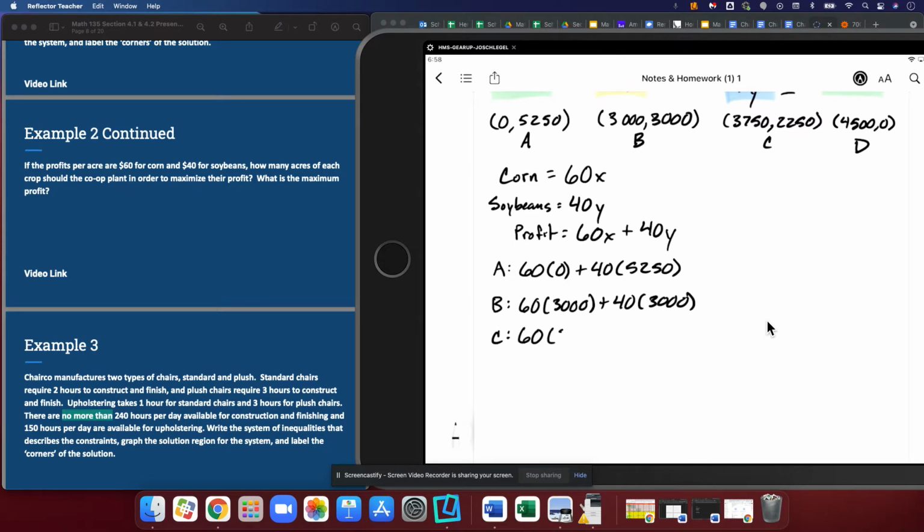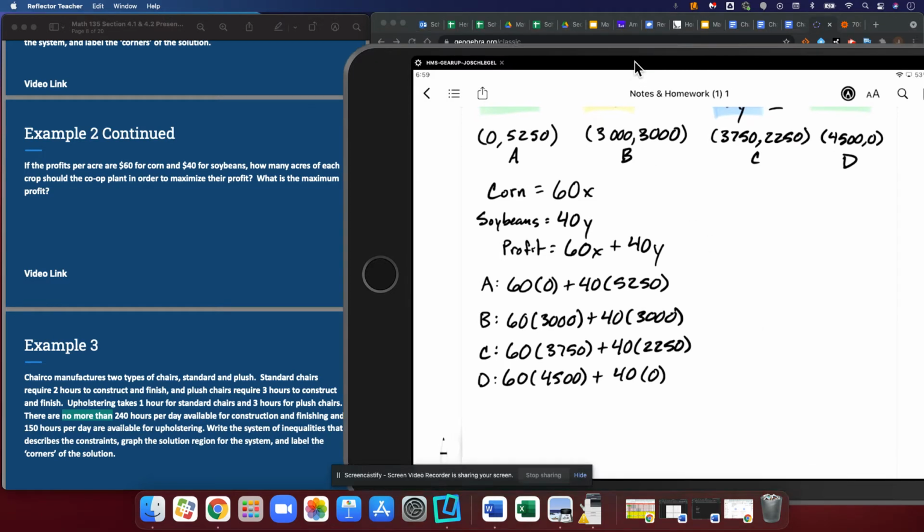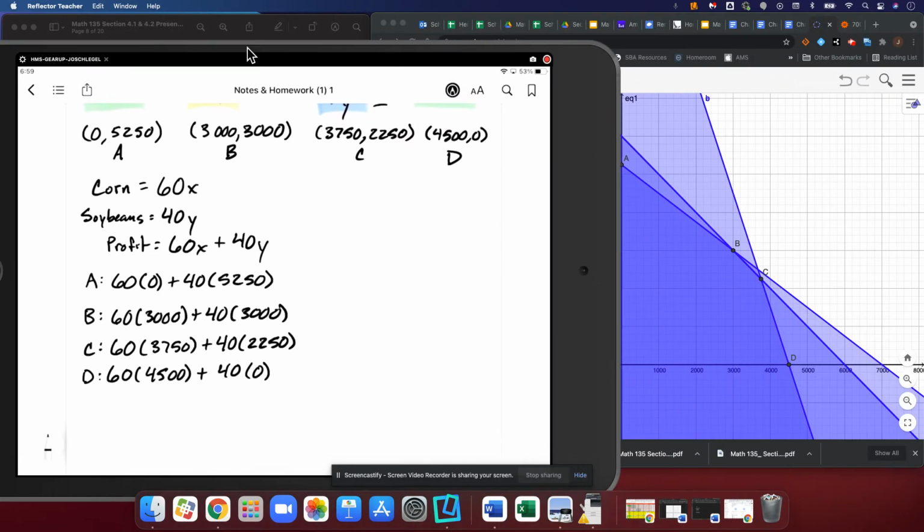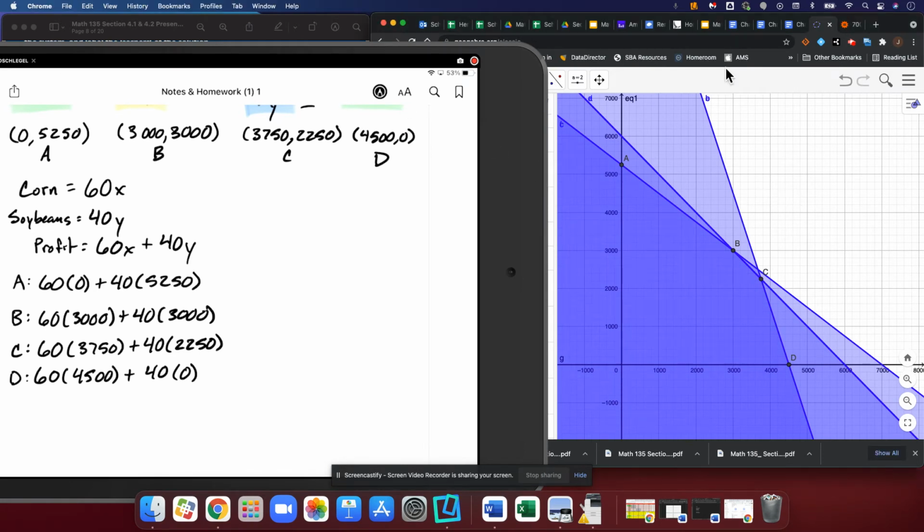So 60 times 3750 for corn, plus 40 times 2250 for soybeans. And option D is 60 times 4,500 acres of corn, plus 40 times 0 acres of soybeans. And so again, everyone, given our constraints of acres, fertilizer, and hours, these are the options that this farmer has to distribute the planting of the fields.